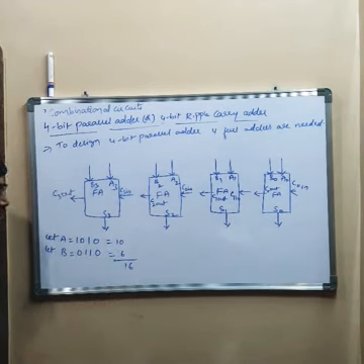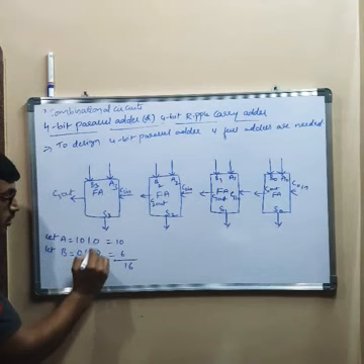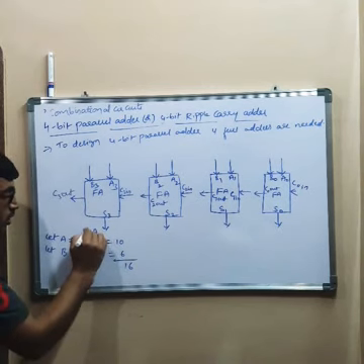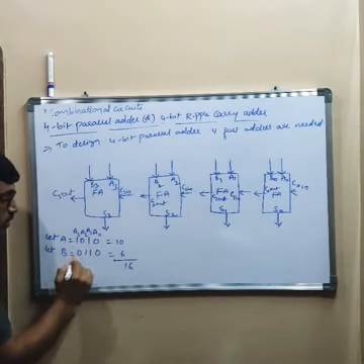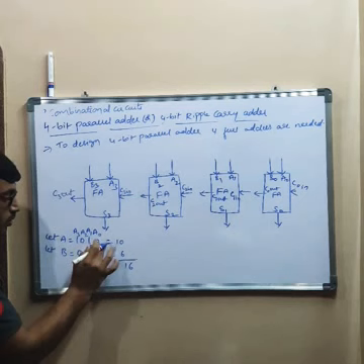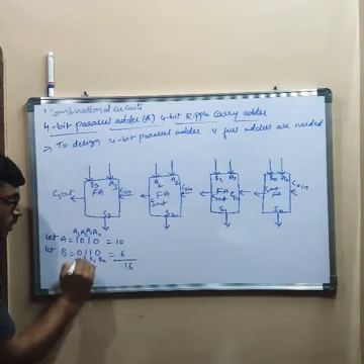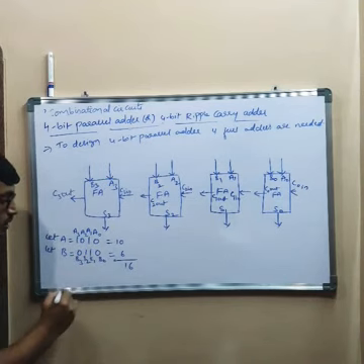The final answer we have to get is 16. So how, let us see. So this is A0, A1, A2, A3. I will write here B0, B1, B2, B3.